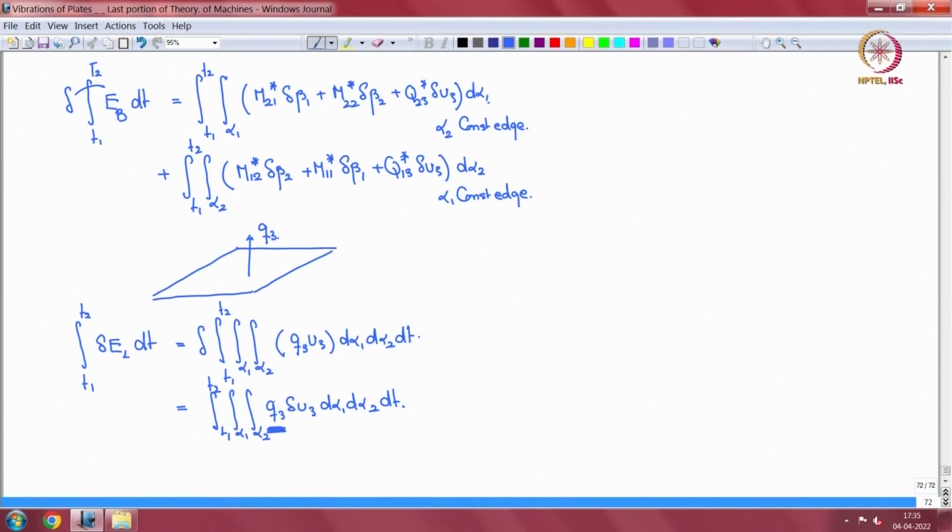You multiply that by this area element, you get a force, and that into u3 is the energy given there. Now q3 is specified, and therefore the variation ends up on u3, you get delta u3.